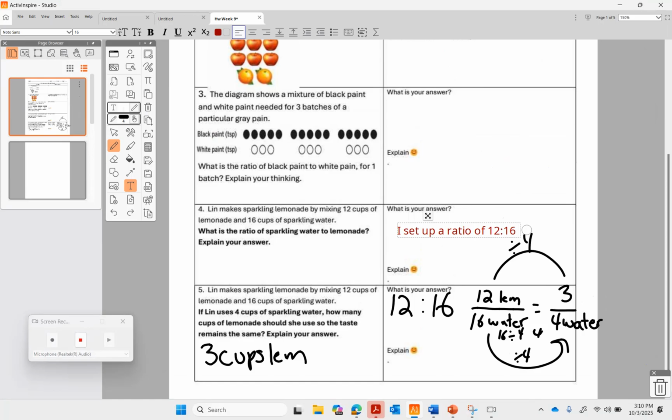And I set up a second ratio of some unknown number over 4. 16 and 4 are both water, so they need to be in the same position.